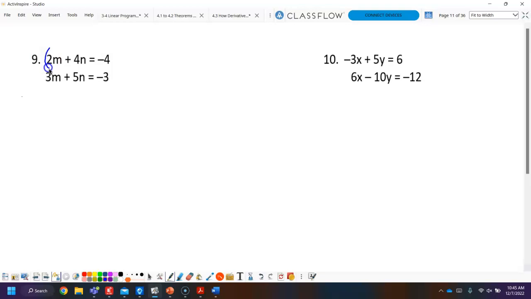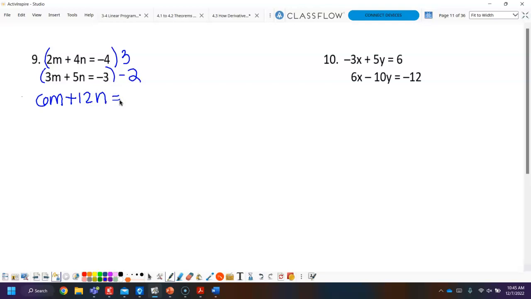So we're going to multiply the first one by 3. I want them to be opposites though. So you're going to multiply the second equation by -2. That way the top one's positive, the bottom one's negative, and you don't have to worry about the subtracting where you kind of mess up your signs. So 3 times 2 becomes 6m. 3 times 4 becomes 12n.